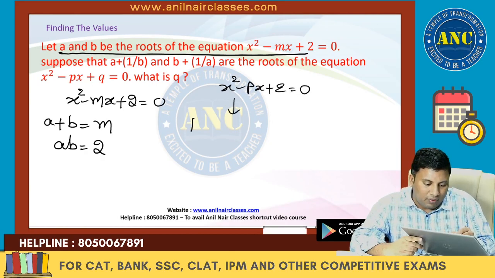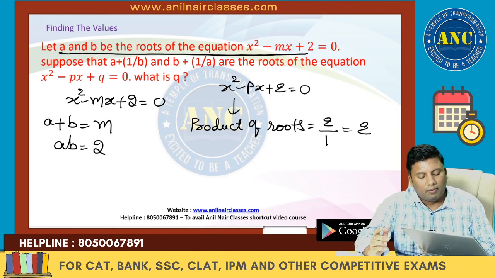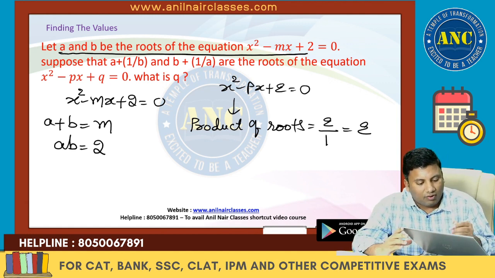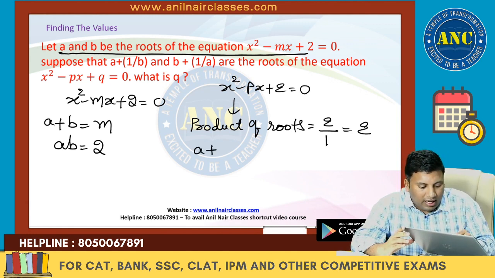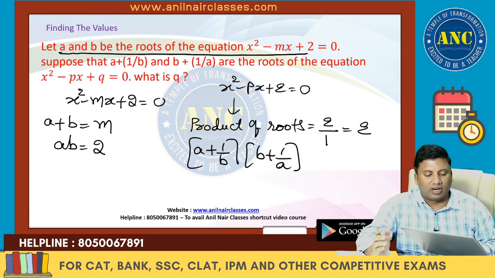For this equation, product of the roots is nothing but c by a. Q by 1 is q. Product of the roots, what are the roots for this one? A plus 1 by b into b plus 1 by a. These are the roots for this equation.